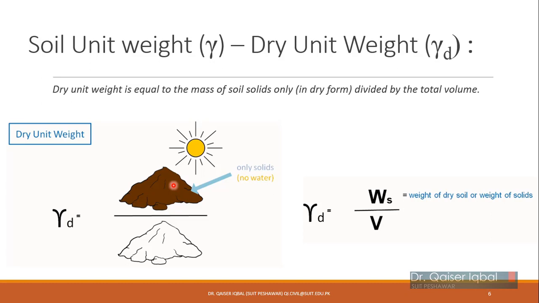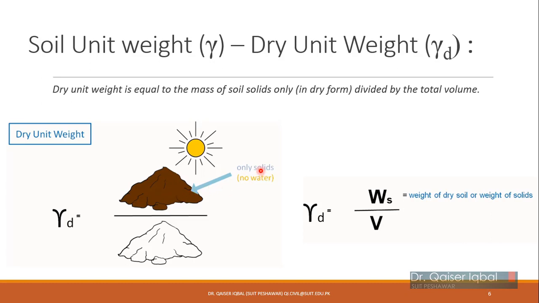Okay, in an airtight oven, that sample is considered to be fully dry. But in natural form, sometimes the exposed soils in arid regions, where there is less rainfall and more sun, can also be in dry form as well.